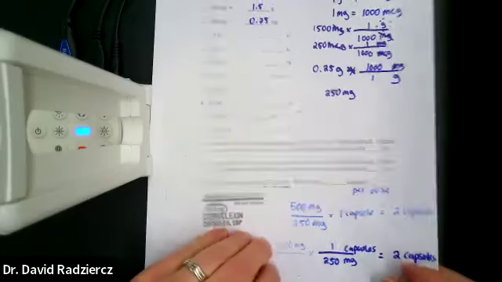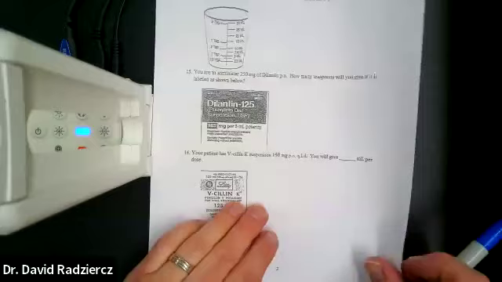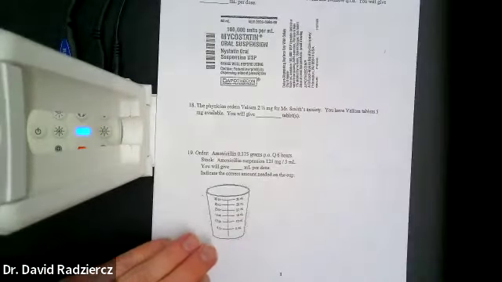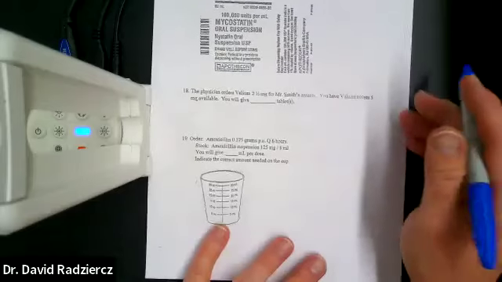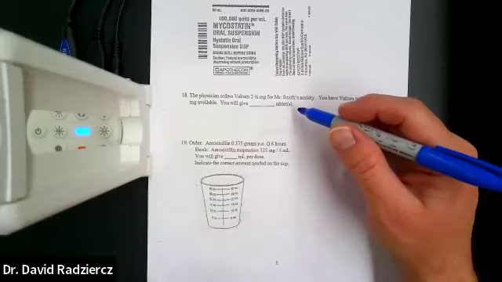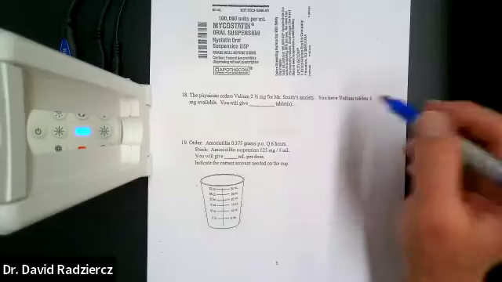All right, so let's look at some of these other things here. I want to do another oral-based med, and we'll come back to some of the liquids. So this question right here, I had a couple students ask me about it, about the half, because this is one of the ones where they're going to give you half.